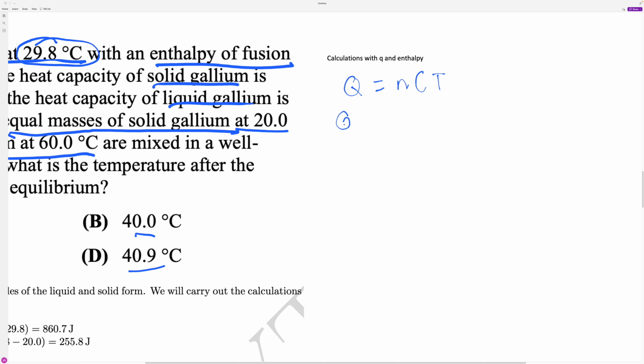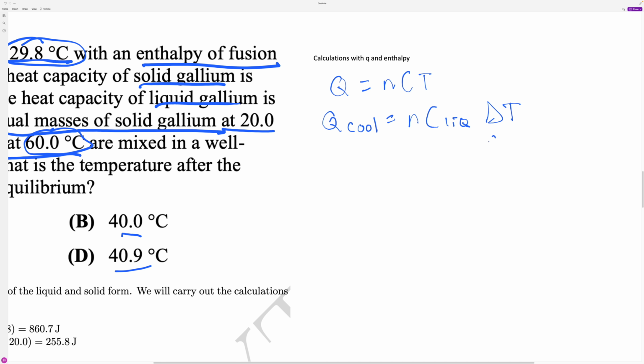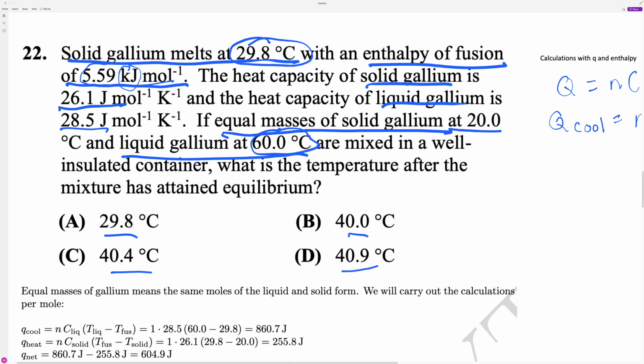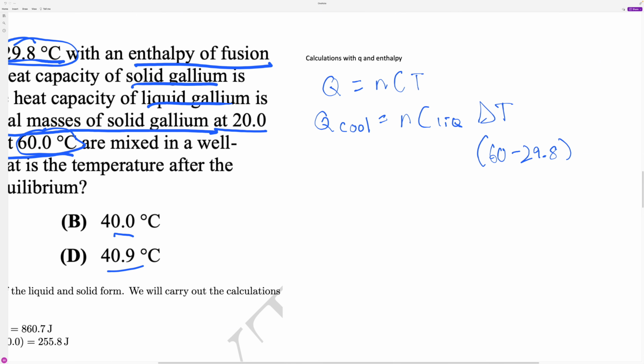So the Q cool is going to equal the number of moles of liquid gallium times the heat capacity of liquid gallium, and then the delta T. And considering it's coming down from 60 degrees Celsius to the melting point, this delta T is going to be 60 minus 29.8, which is the melting point. And the C is given here, 28.5.